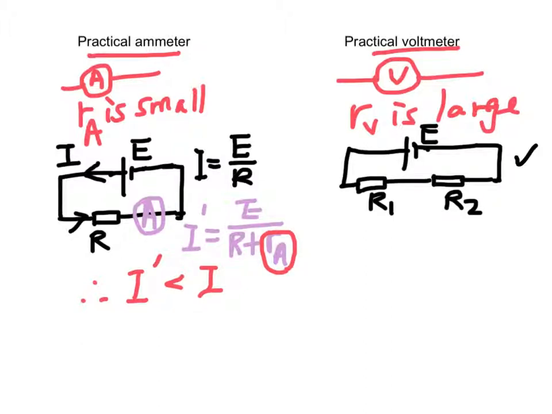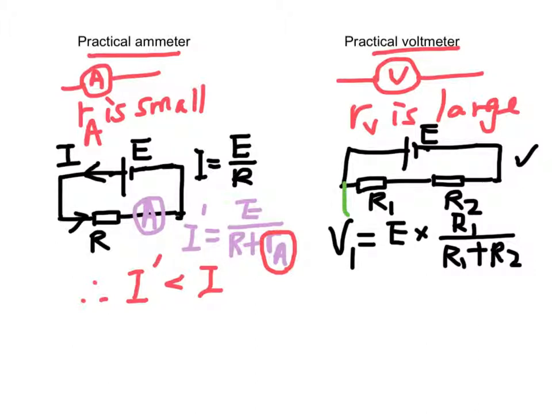And in this circuit, the voltage across resistor R1 is V1 equal to E times R1 over R1 plus R2.